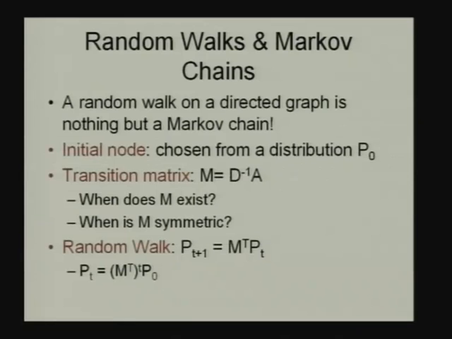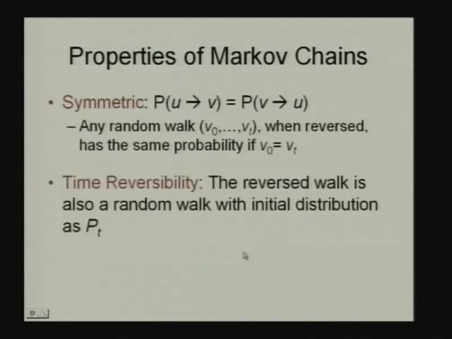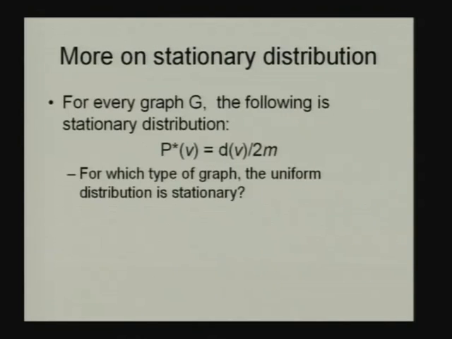So if you replace it by P star and this also by P star, then you remain on that particular distribution forever, no matter your t goes to infinity, you are in the same place. So these steady state or stationary distributions are very interesting to study for any graph. And again, you know a lot about stationary distributions.